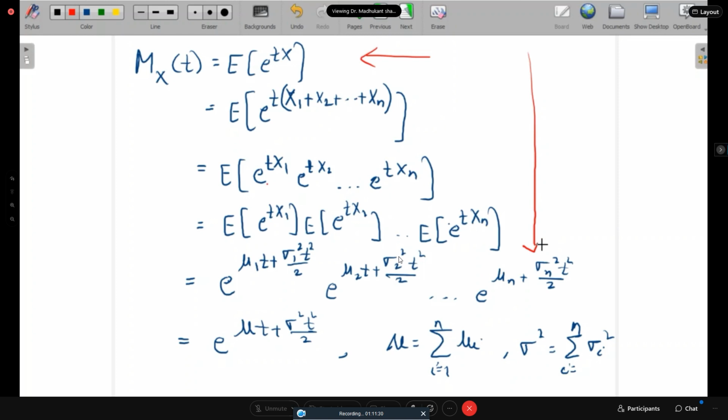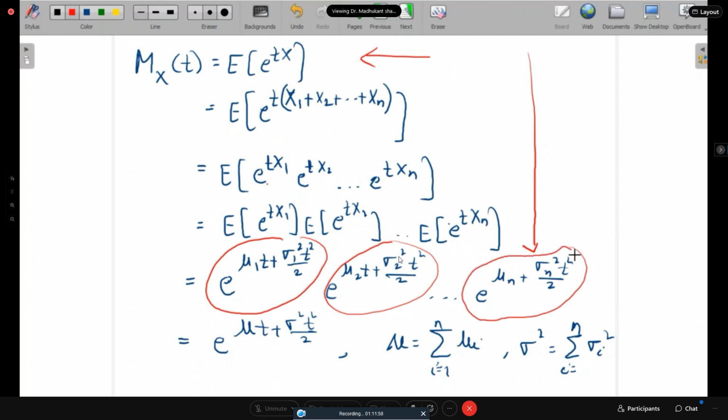We have used the fact that if X and Y are independent, then so are g of X and h of Y, and the expectation of g of X times h of Y is the expectation of g of X times the expectation of h of Y.